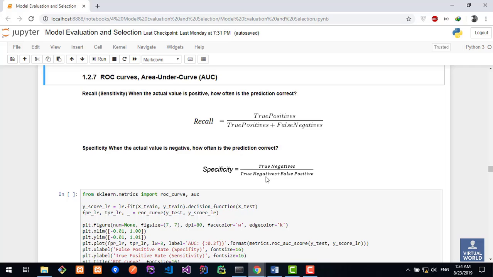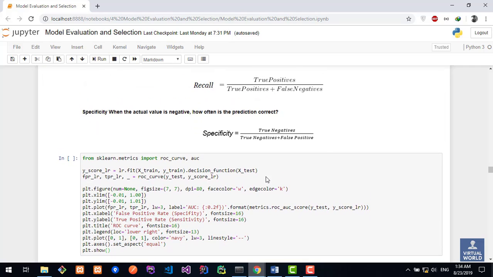Now let's plot area under curve for our logistic regression model. First, we fit the model to our data. Then we apply decision function which predicts confidence scores for the samples.